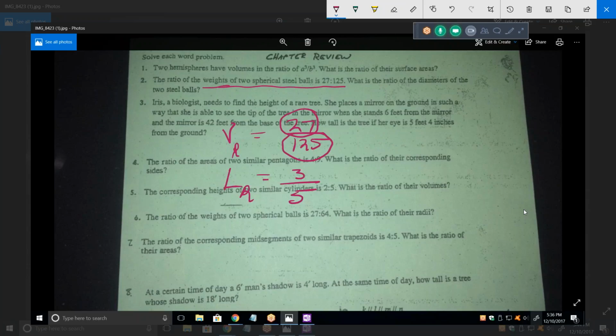Perfect square numbers. You with me? Perfect cube numbers.